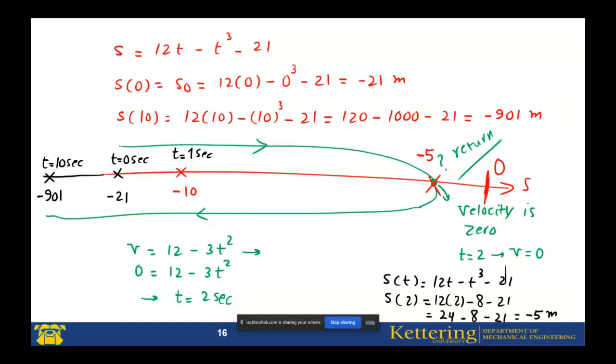Now, why do I need this one? Why do I want to find the total distance?